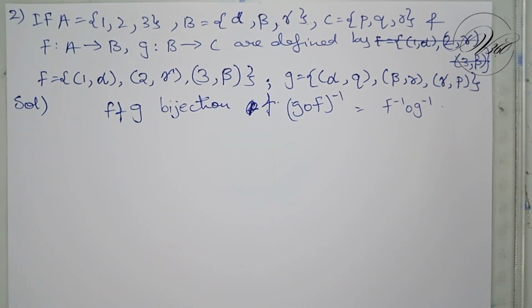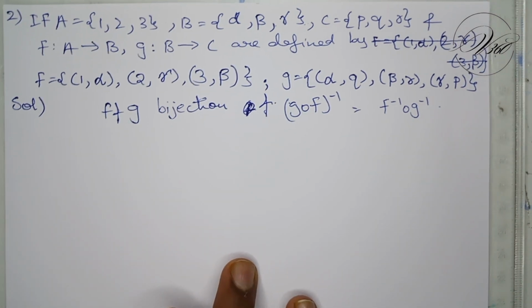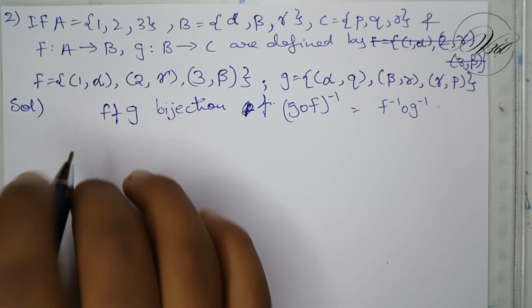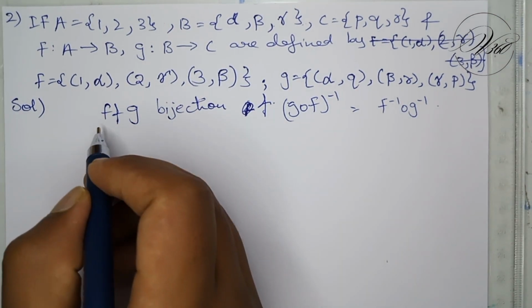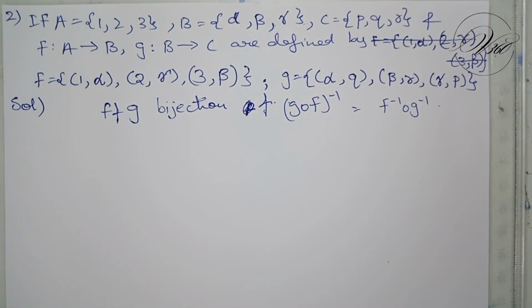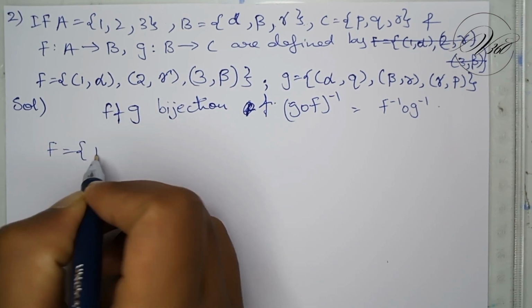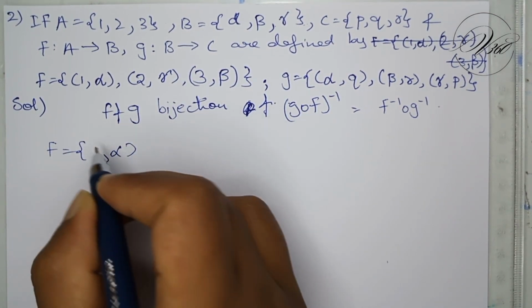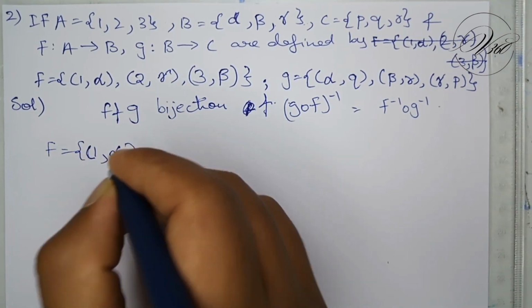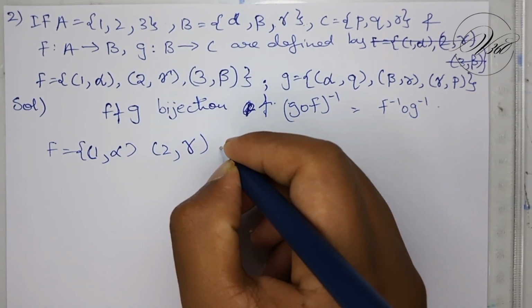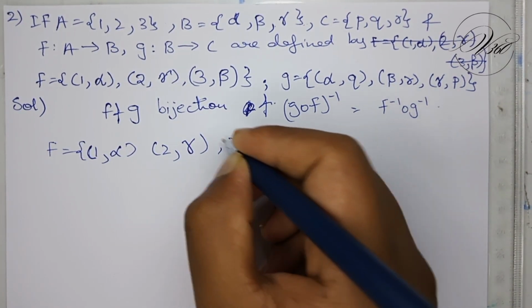Now we are going to start solving the problem. The first step is to prove that these are bijections, right? To prove that these are bijections, first we will compare the range and the codomain. Now here we have got f is equals to 1 comma alpha, 2 comma gamma and 3 comma beta.